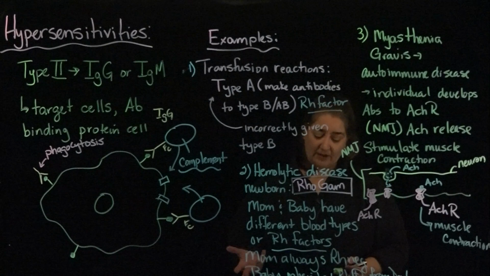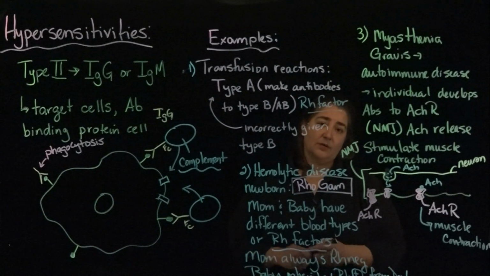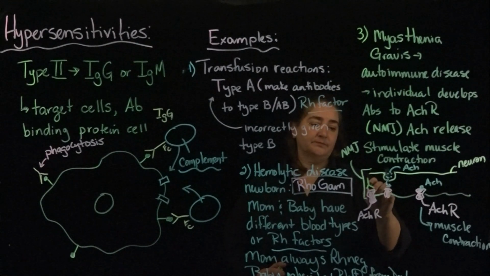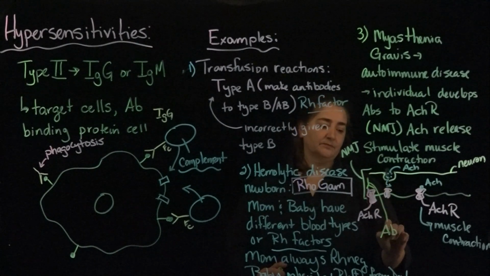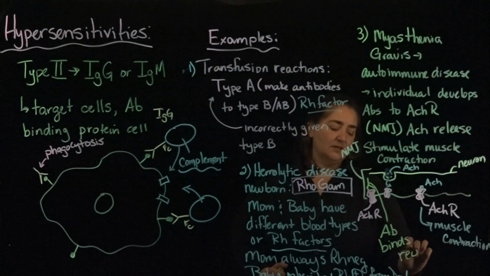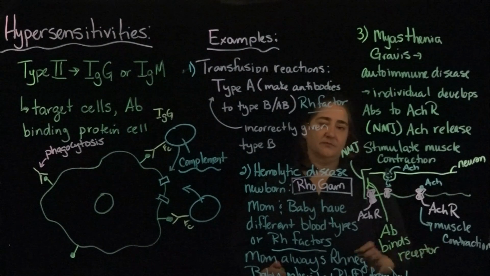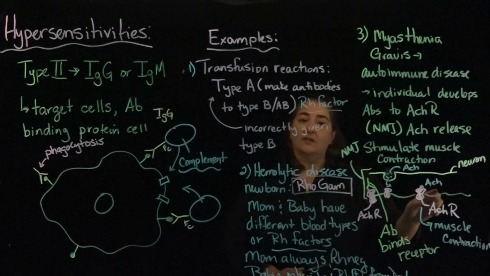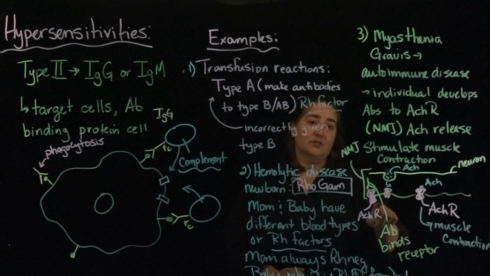For individuals who have myasthenia gravis, what ends up happening, they've got an antibody that's going to bind to that receptor, all right? If the antibody is bound to the receptor, acetylcholine can't bind to the receptor.